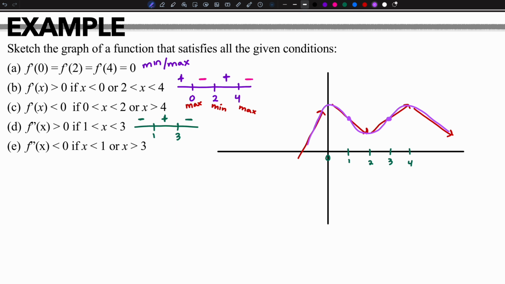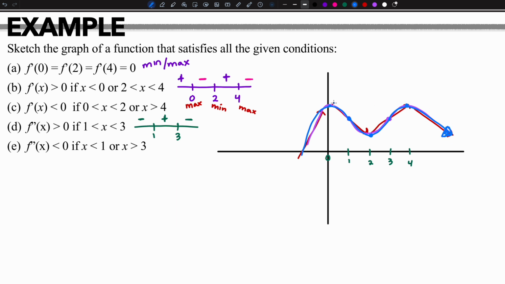So our final graph, let's make it blue. The final graph looks like it's going to be concave down and a max at 0. And then from 1 to 3, it is going to be concave up, and it's a minimum at 2. And at 3, it turns concave down again, and some type of max at 4.